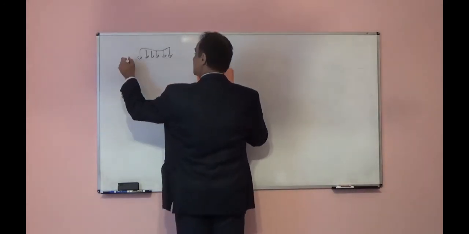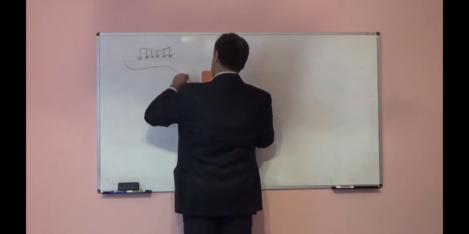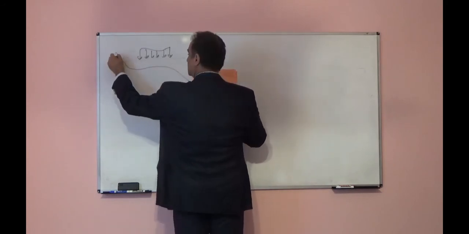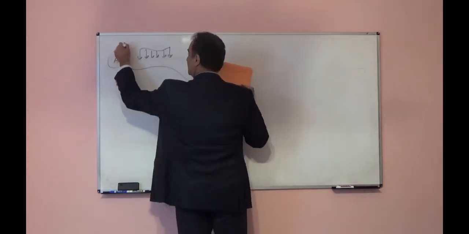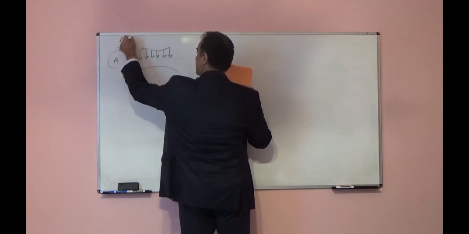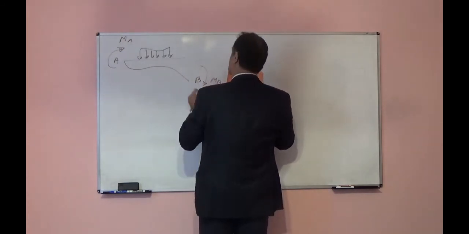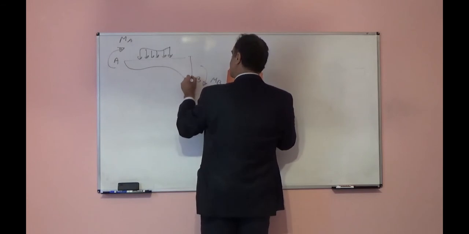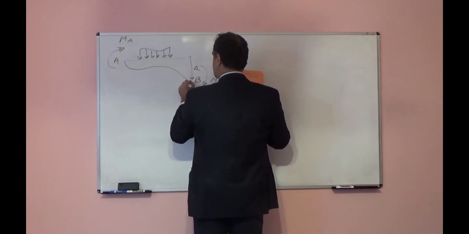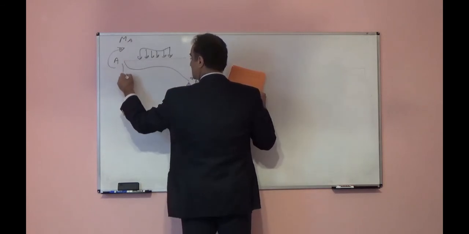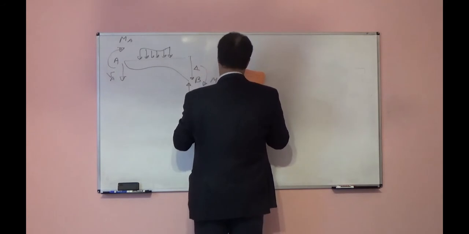We will have, for example, rotation at both ends A, B, and we will have bending moments here, MA, MB, and we will have lateral deflection like delta, and shear forces at the nodes like VA, VB.